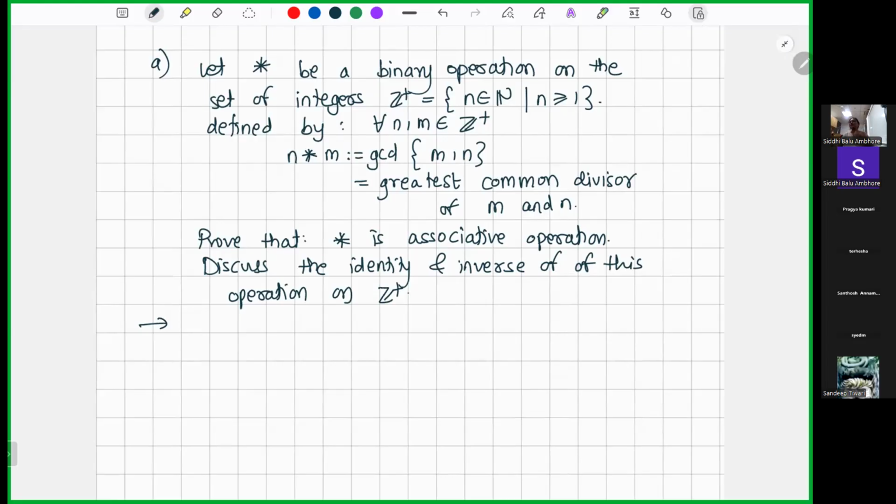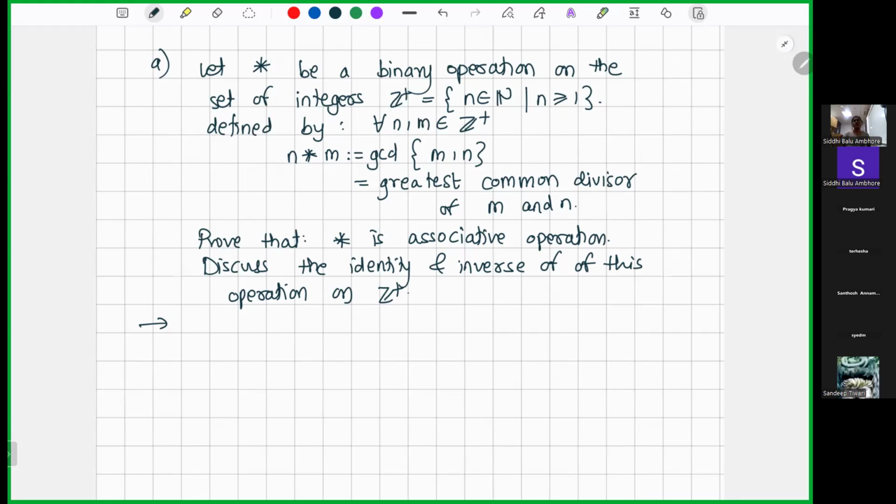So we have to check the associativity property. We have to prove the associative property of this operation GCD, and when we say discuss, we have to check whether the identity exists or not. If identity exists, whether inverse exists or not. If we want the identity to exist in this set, how to make it happen, and so on.